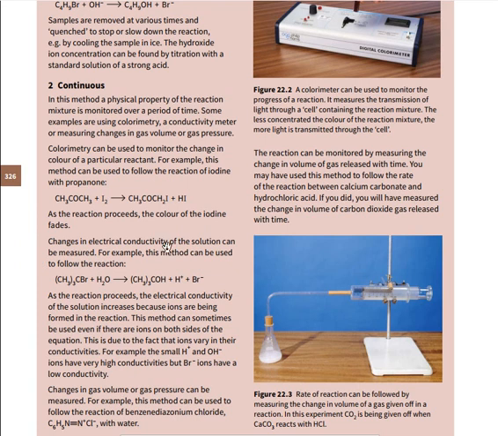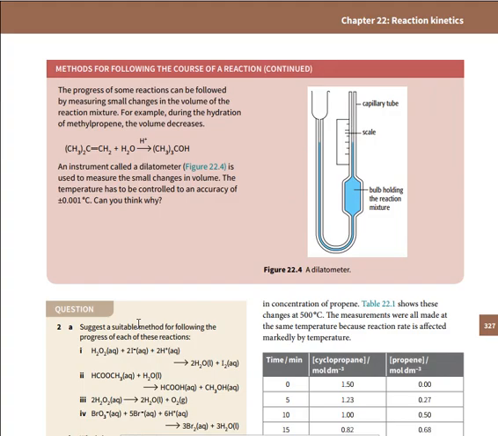Next, change in electrical conductivity. In this reaction, there is no reactant capable of conducting current, and there is more product that is going to conduct the current, so you can use electrical conductivity there.